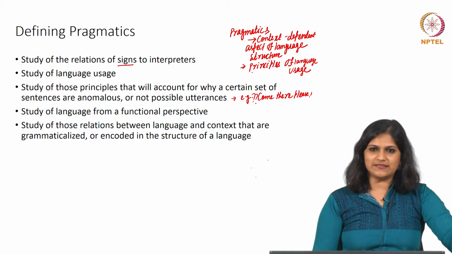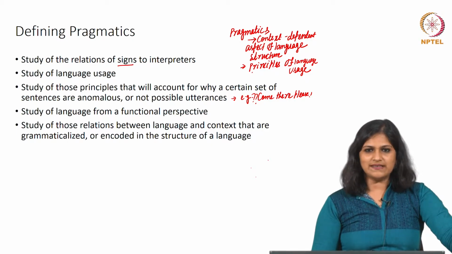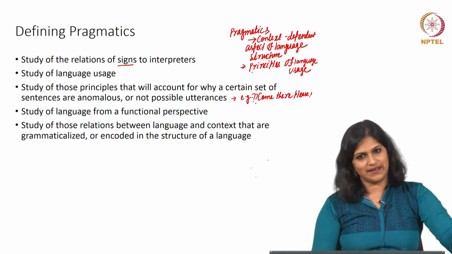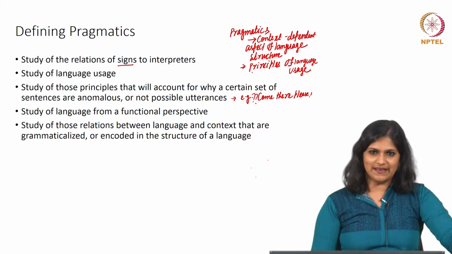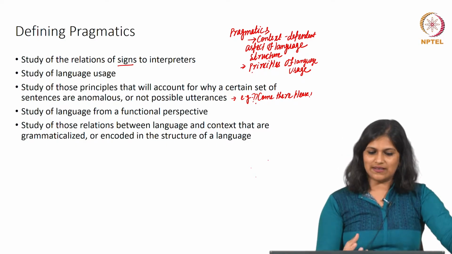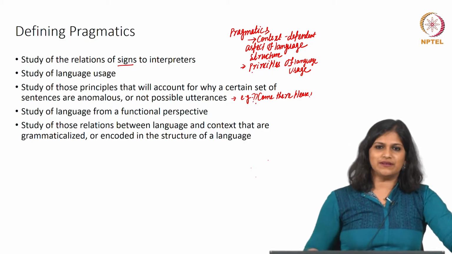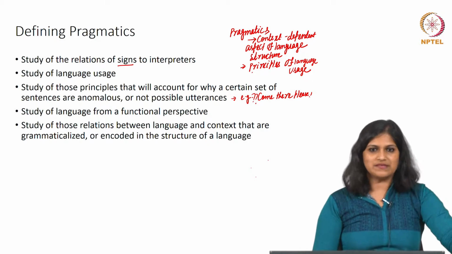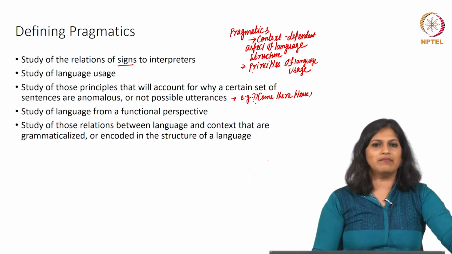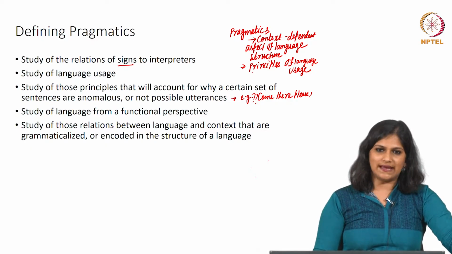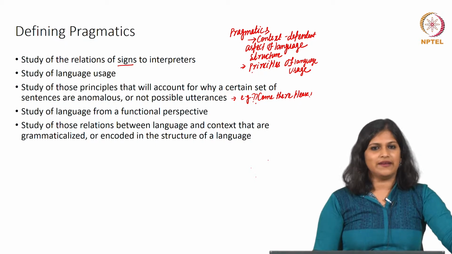"Come here please" is fine, but you can't say "come there please." To put it that way, you have to say "go there please," which is okay, but you can't say "go here please." So, these are the anomalous or impossible utterances, right. Why they are impossible, what is so wrong about them, can be identified if you understand pragmatics well, right.